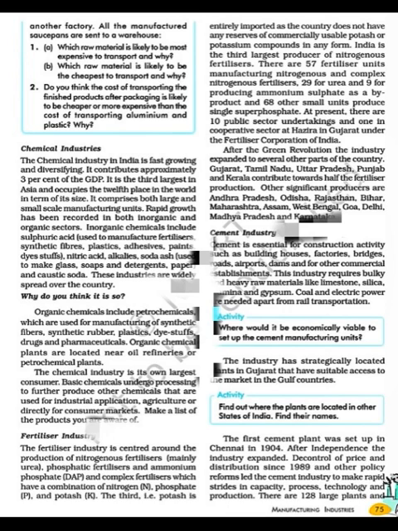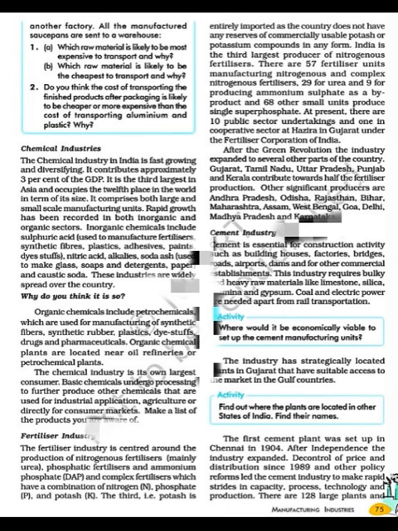Now we have to see another industry, that is the cement industry. Cement is essential for construction activity, for building houses, factories and bridges. This industry requires bulky and heavy raw material like limestone and silica. Then coal and electric power along with transportation are also required.